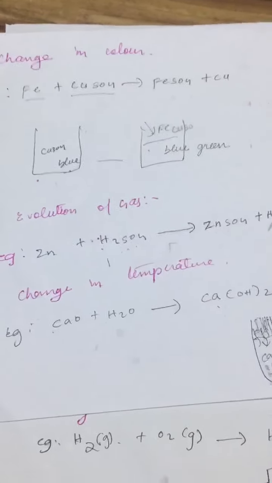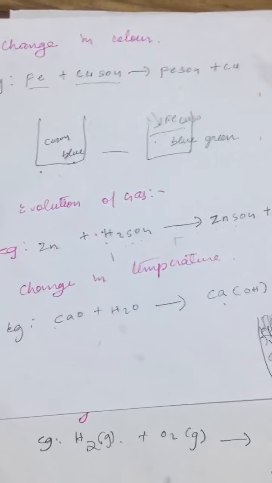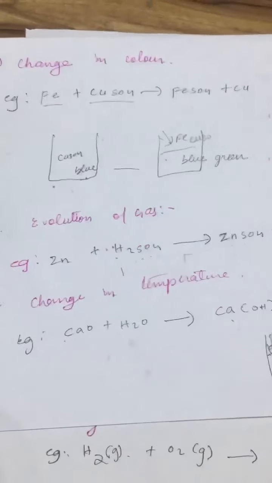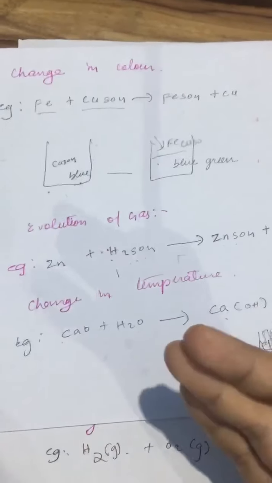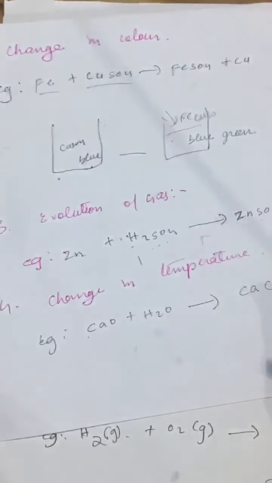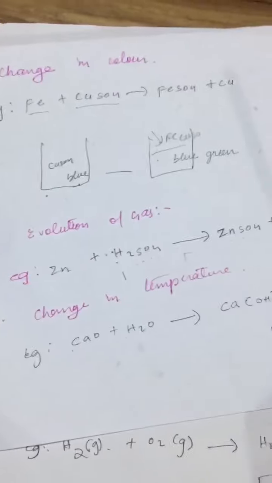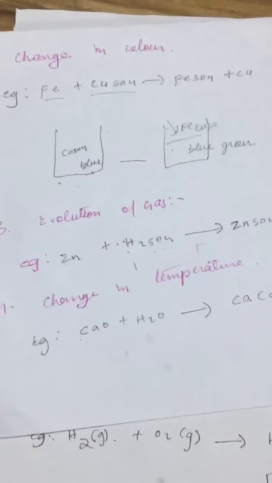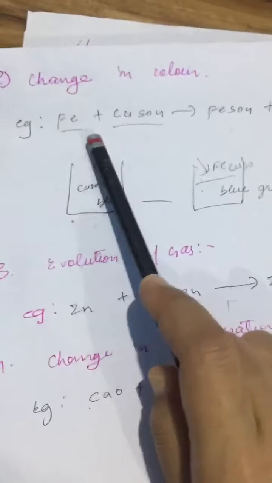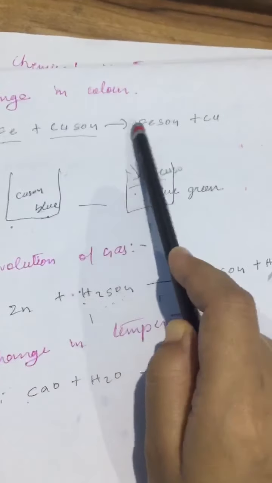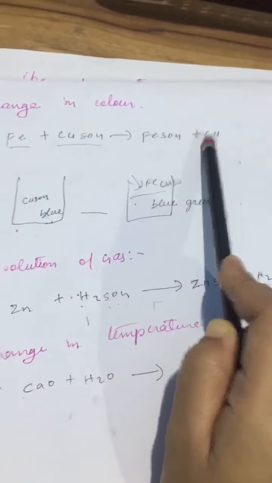Change in color means the color changes in the reaction. Let's see the example: Fe plus CuSO4 reacts to give FeSO4 plus Cu.